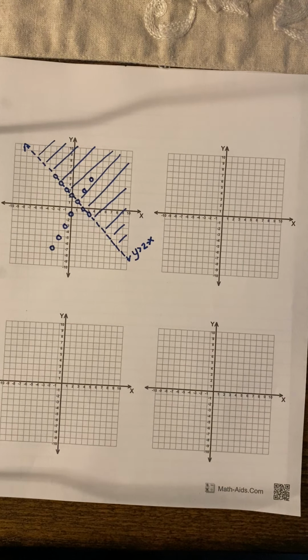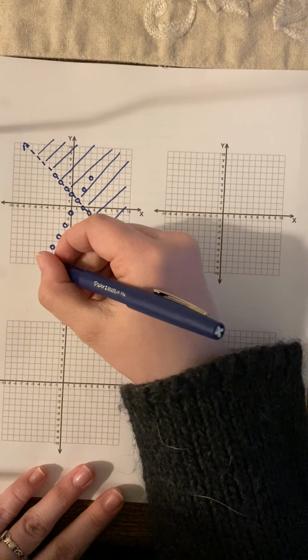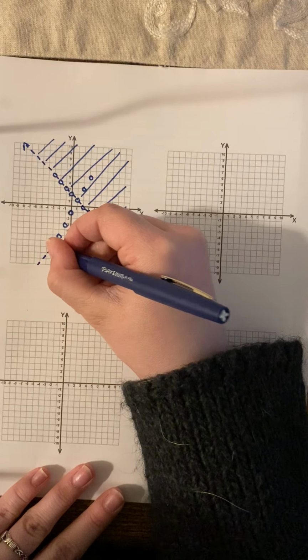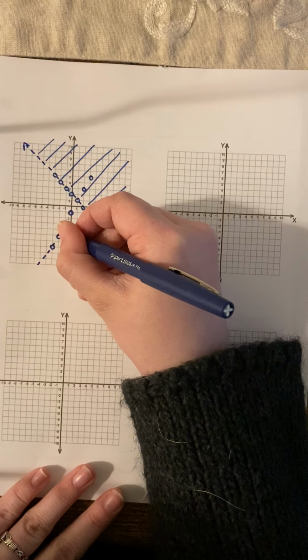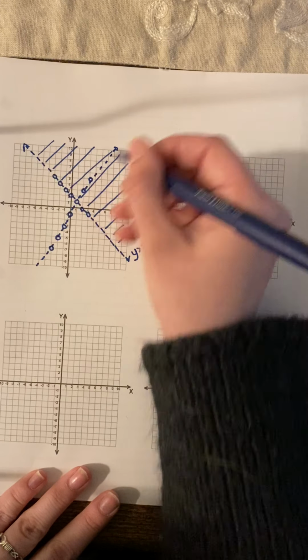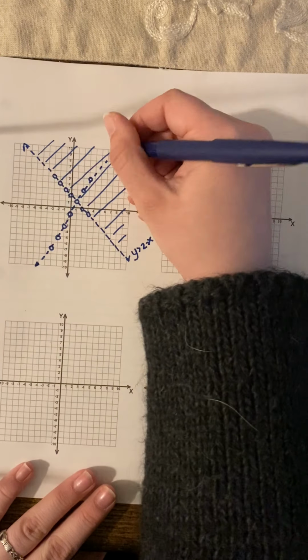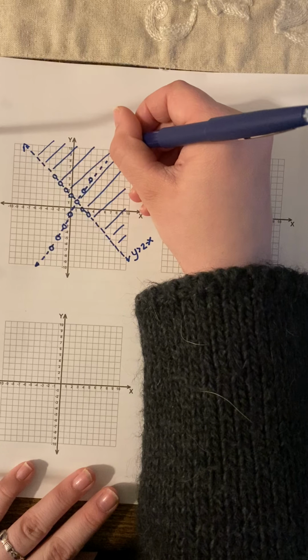Again, I'm going to connect them with a dashed line. And we get something that looks like this. Of course, it's not perfect because I don't have a ruler. On the exam, you would have a ruler.